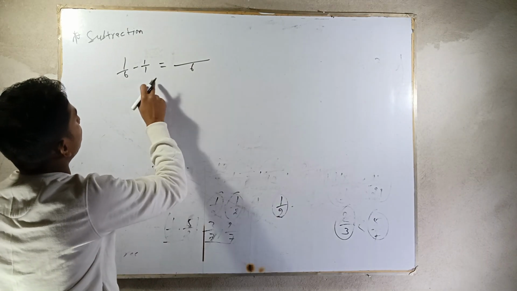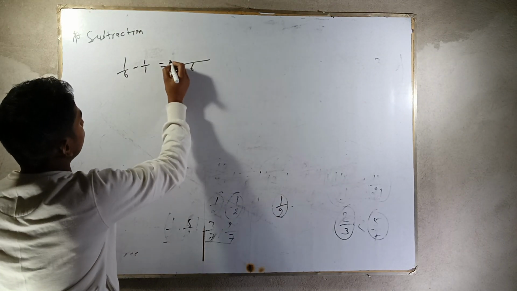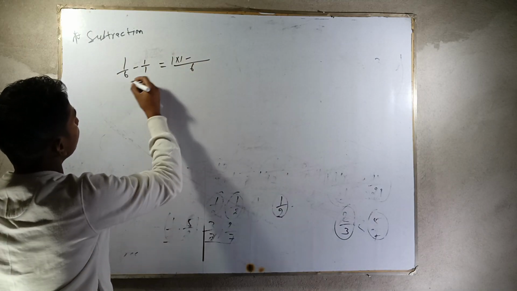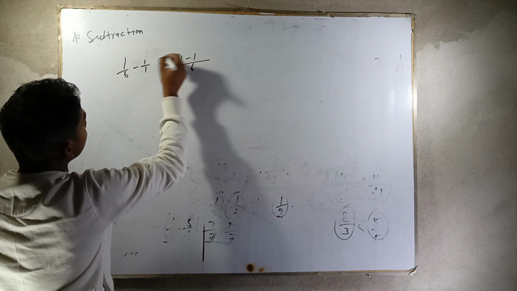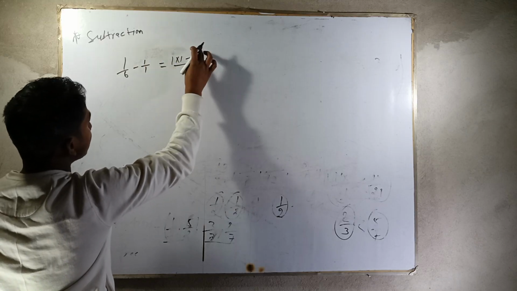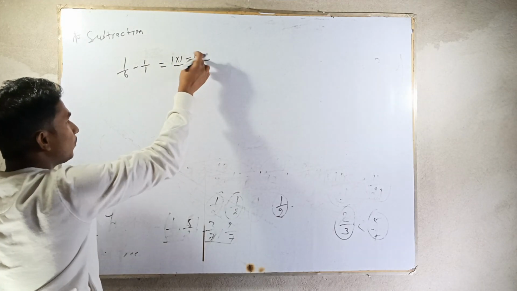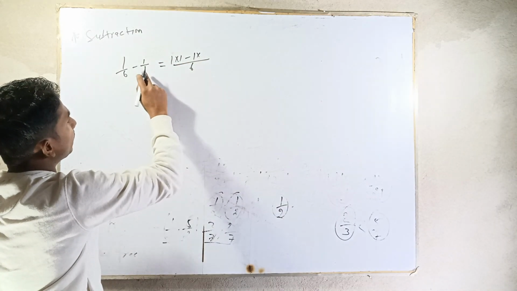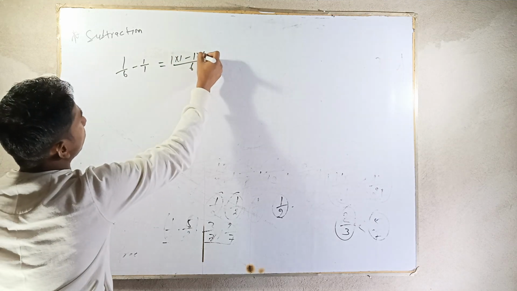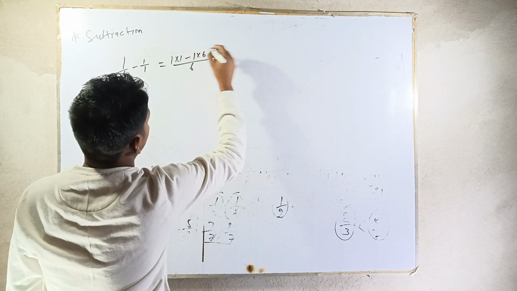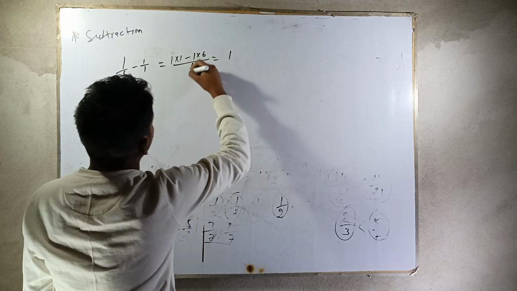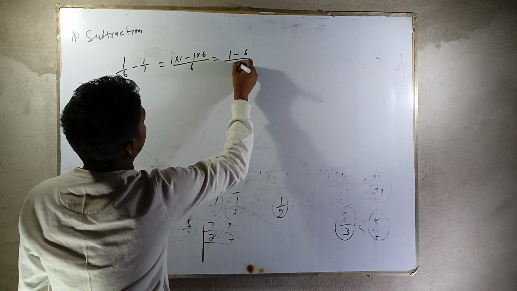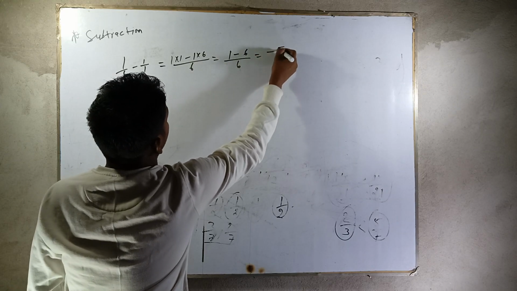If I multiply 6 by 1, the value will be 6, and 1 times 1 is 1, so 6 minus 1 gives 5 by 6.